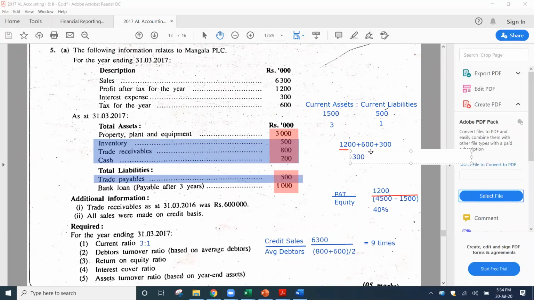Interest expense is 300. So 1,200 plus 600 is 1,800, plus 300 is 2,100. 2,100 divided by 300 is 7 times. Answer is 7 times.